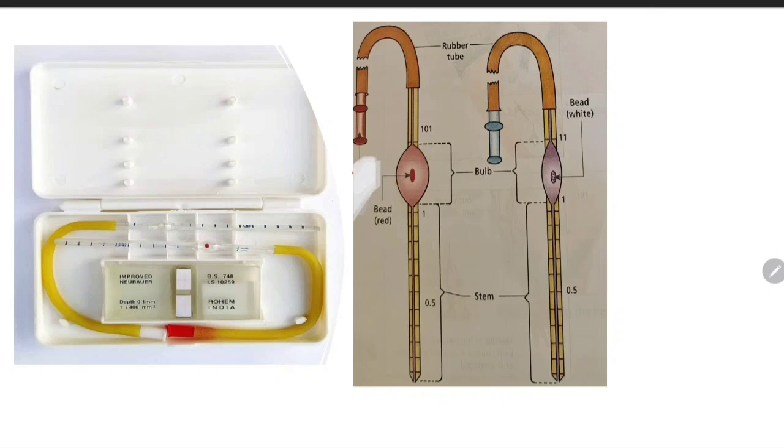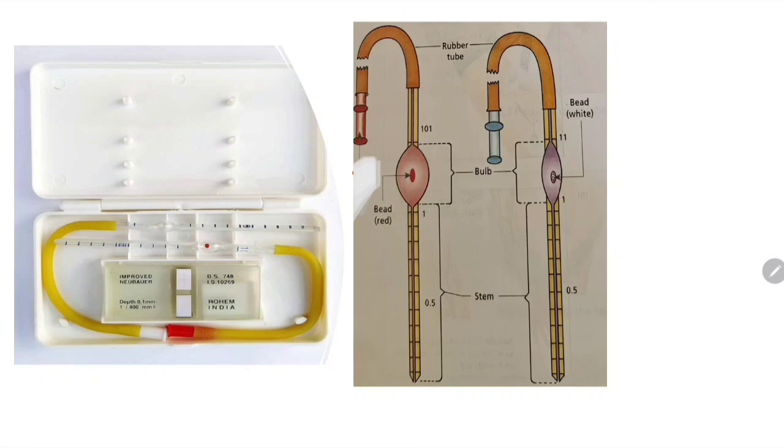Now let's see the pipettes. We have two pipettes. This red one is actually the RBC pipette, and this white one is called the WBC pipette. We have both types of pipette here.